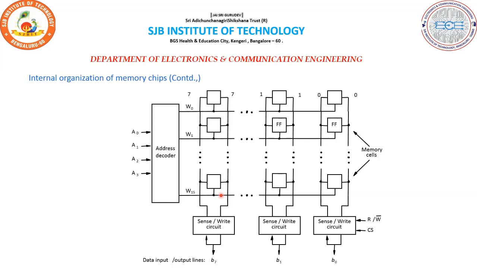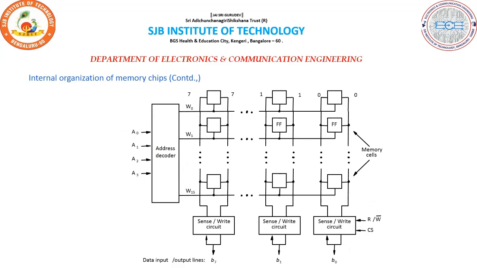In another memory, with 8 data lines and 4 address lines, that is 16 memory locations into 8, the 4 address lines plus 8 data lines make 12, plus 2, so 14 external connections are required.